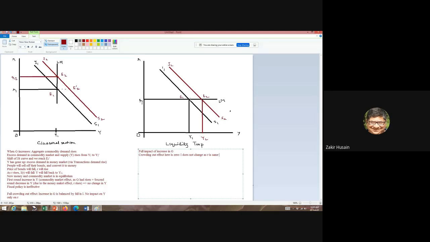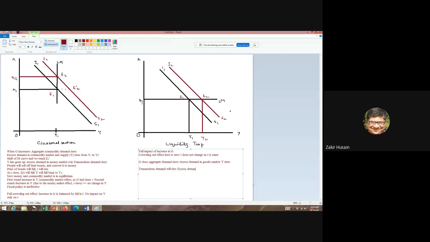So what happens is you simply have an increase in commodity market effect. G increases, G rises. So effective aggregate demand rises. You have excess demand in goods market and Y rises. In the money market, transactions demand will rise.